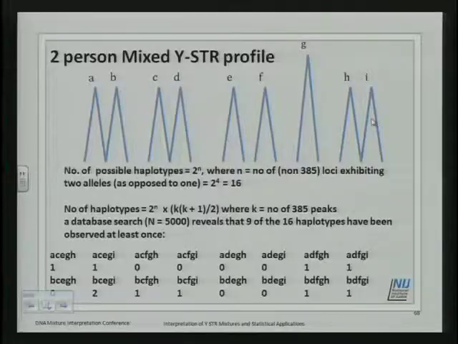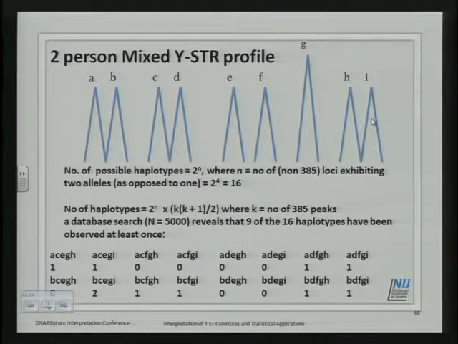So the number of possible haplotypes, if you had this particular mix, is 2 to the n, where n is the number of loci exhibiting 2 alleles, as opposed to 1. There are 4 loci here, AB, CD, EF and HI, so there are 16 possible haplotypes that can contribute.